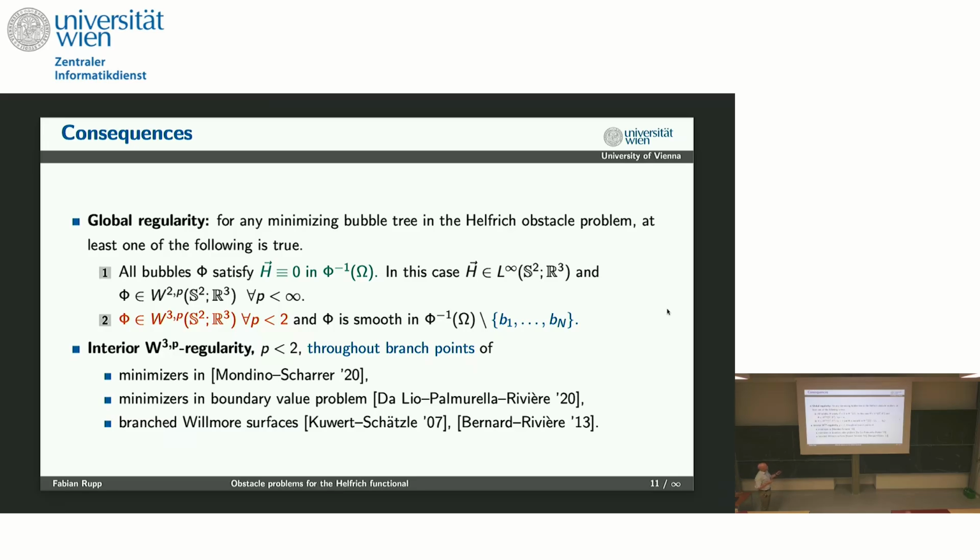And in particular, this applies throughout the branch points. So our result gives us that we have W3p regularity of these minimizers or critical points throughout the branch points. Because the branch points only generate the delta, but we already had the measure term on the right-hand side, so it's not making it worse.